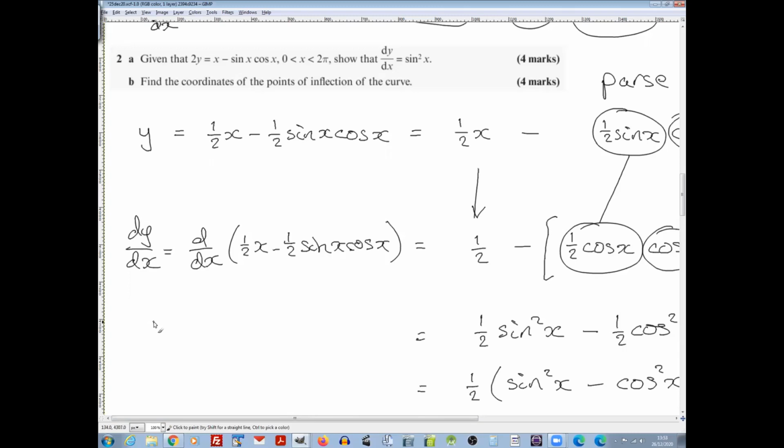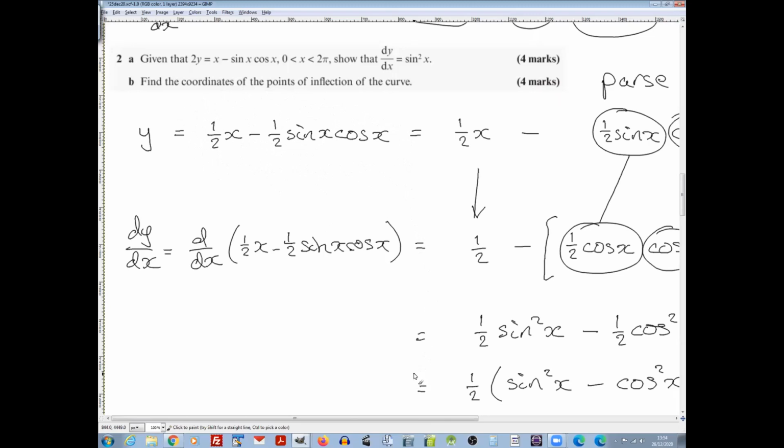Didn't we get to sine squared x? What was sine squared x the value of the expression for? It was the result of doing what to the y expression?